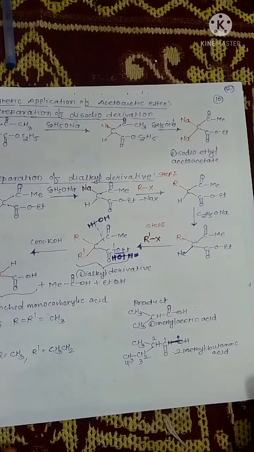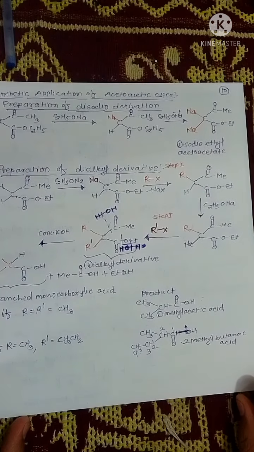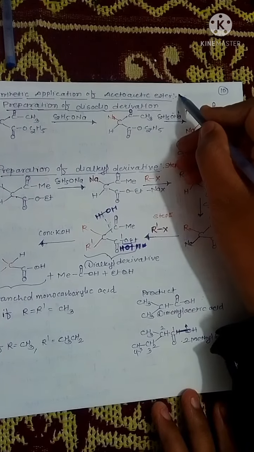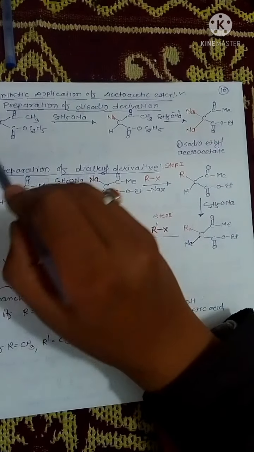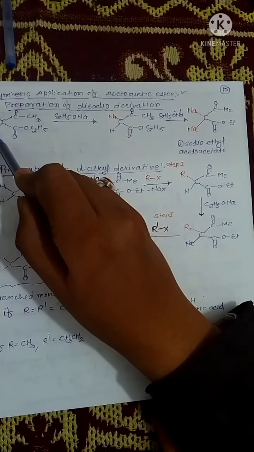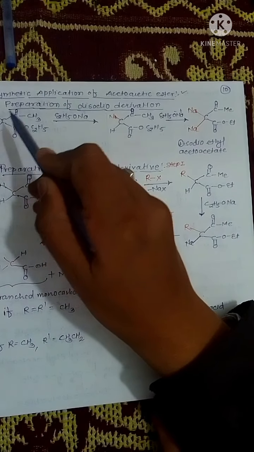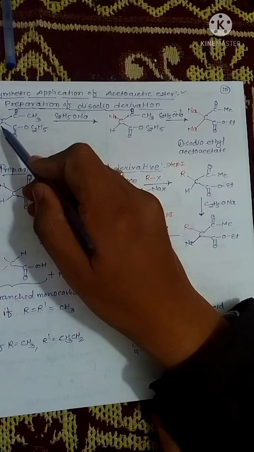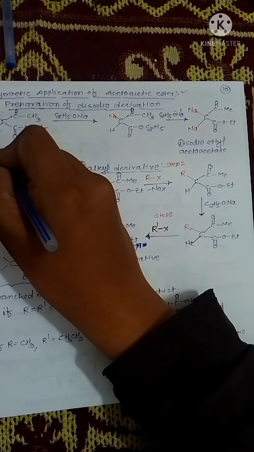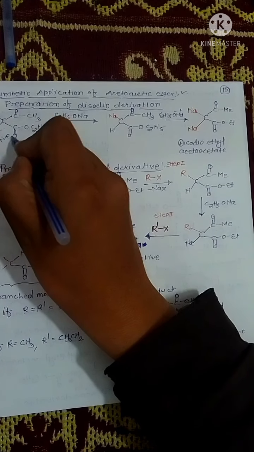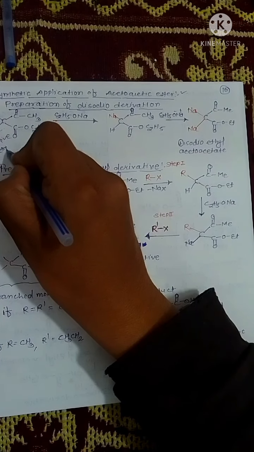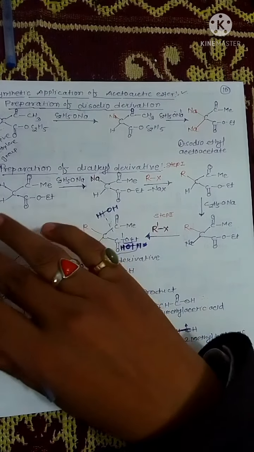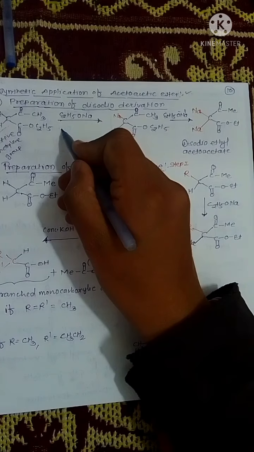So this is the most important part of the chapter, that is the synthetic application of acetoacetic ester. So just see here, this methylene group in acetoacetic ester comes in between these two carbonyl groups. So it is basically an active methylene group. What is going to happen when the active methylene group is treated with a mild base?